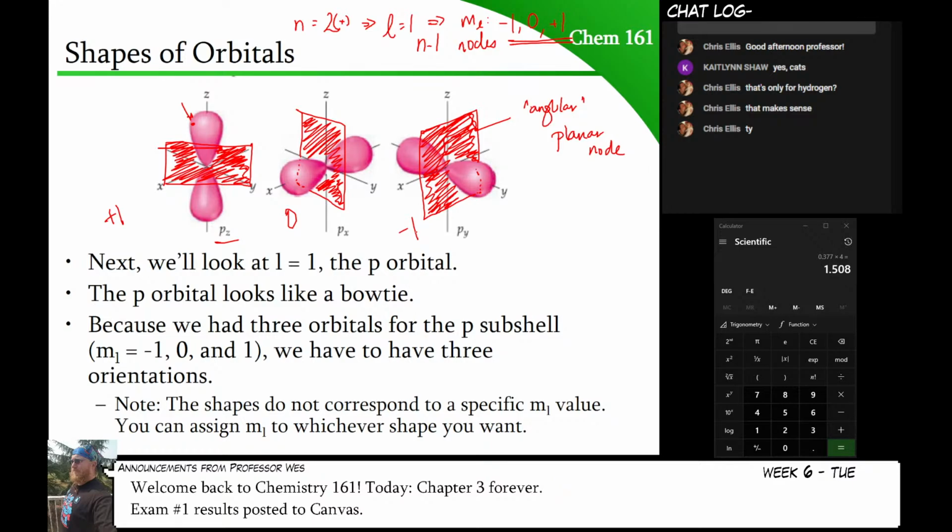I can orient the z-axis up and down, but I could also have oriented it forward and backward, or left and right, or diagonal like the x and y axes are. And all the other axes will follow suit, because they're all entwined, right? They are all orthogonal to each other, and if you move one, you move them all. Therefore, it's up to us to define where our axes go in space, and the other 2 move relative to that. So when we assign M sub L values to these, we just put whatever numbers we want. It doesn't matter.